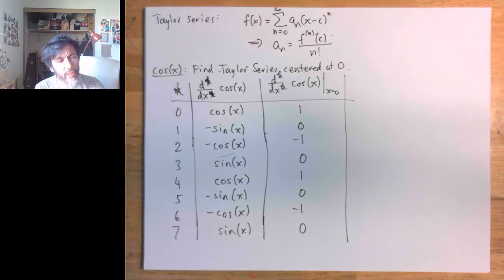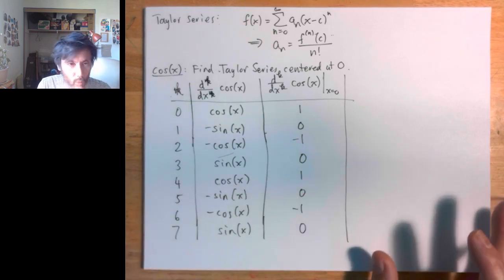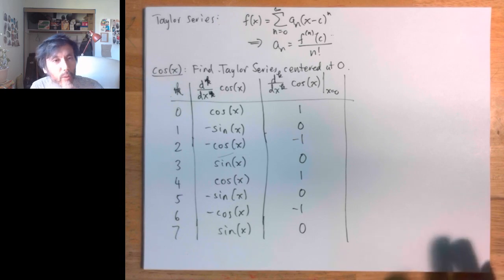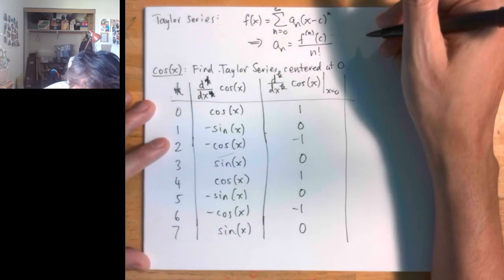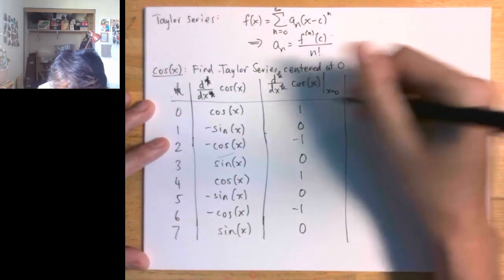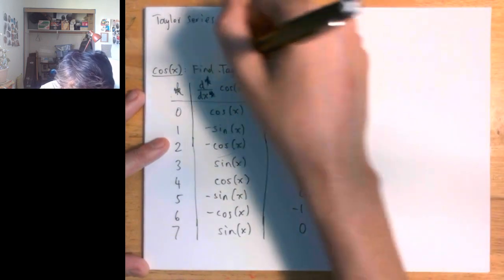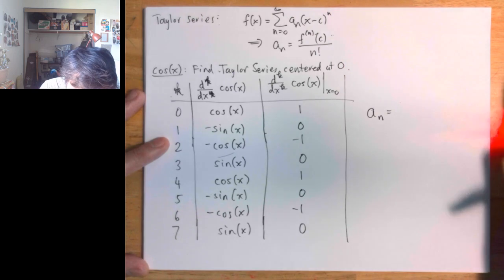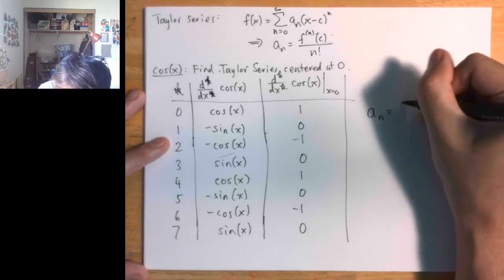So how can we write that down in a compact manner? Well, let me write down what the answer is, and then I want you to stare at it for a long time until you understand it. All right, so here's what it is for cosine of x.